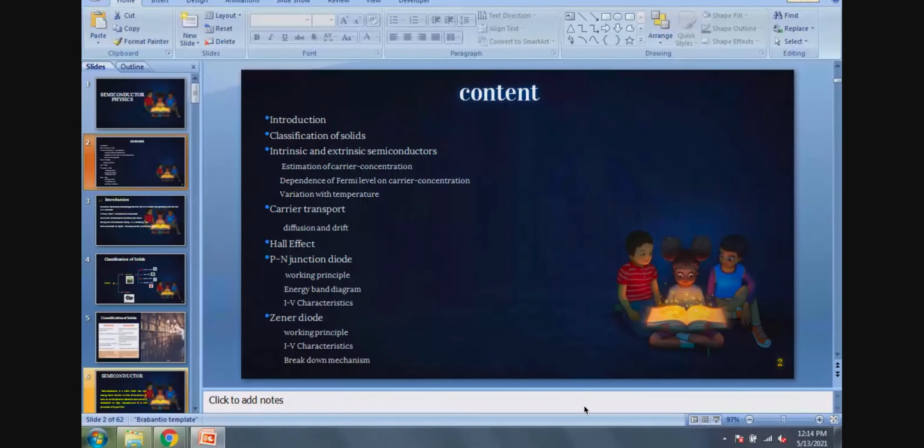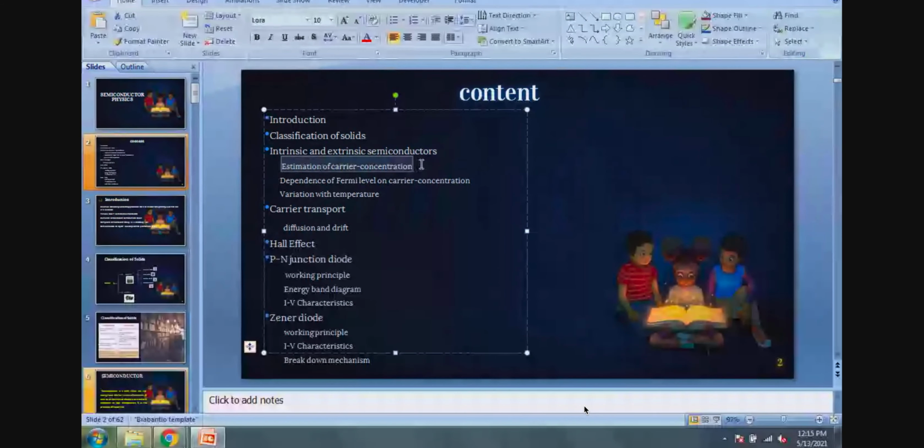So all of you put the heading: estimation of carrier concentration in intrinsic semiconductor. Once again, I repeat, the first heading: estimation of carrier concentration in intrinsic semiconductor. In this estimation, we choose two parts.